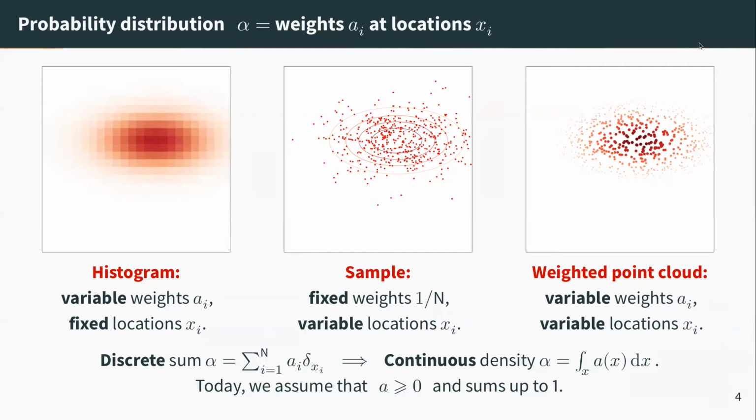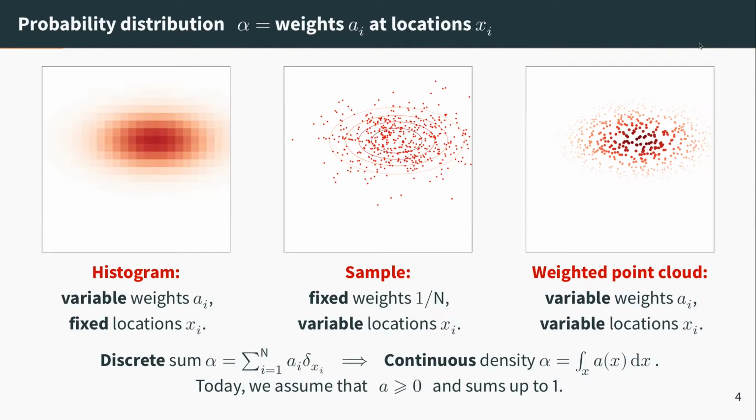So those weights have different meanings. We're going to see what they can represent. Maybe they represent local surface areas. Maybe they represent the local importance of the sample. So for instance, in statistics, we call those weights importance weights, when you do importance sampling and all that.